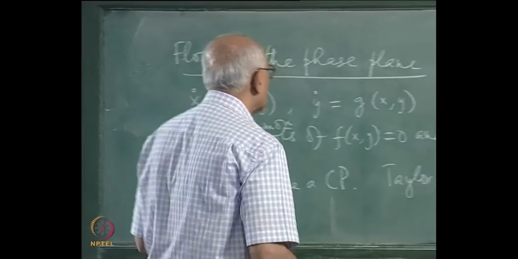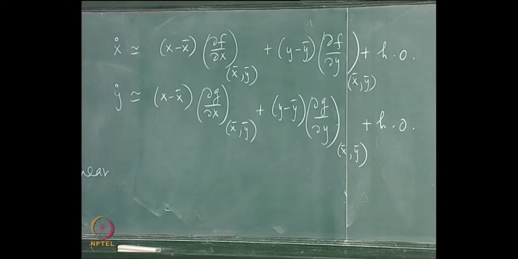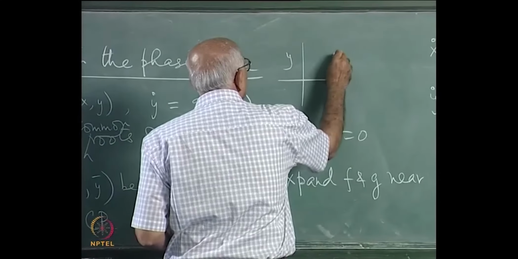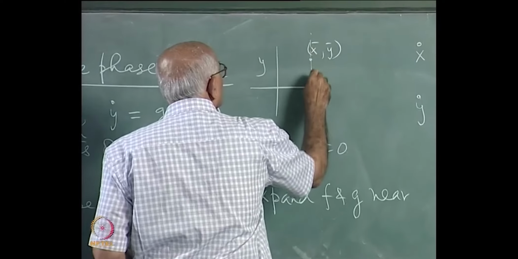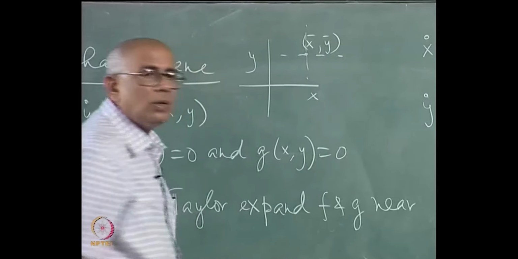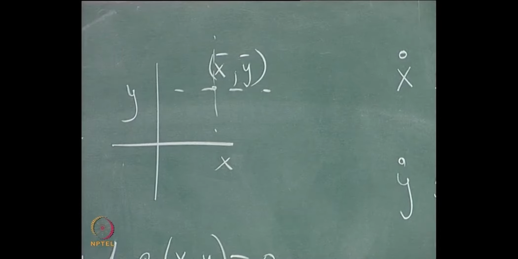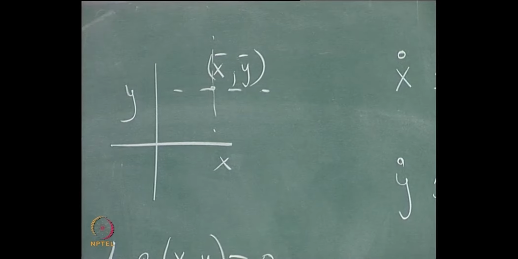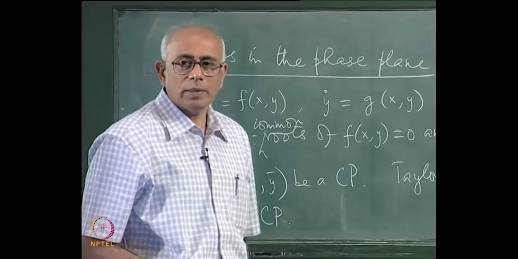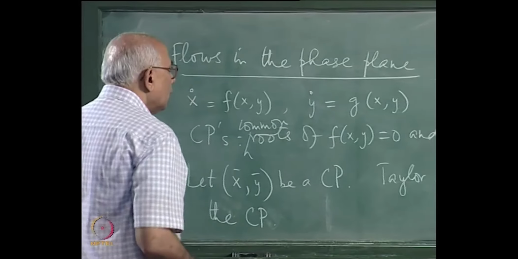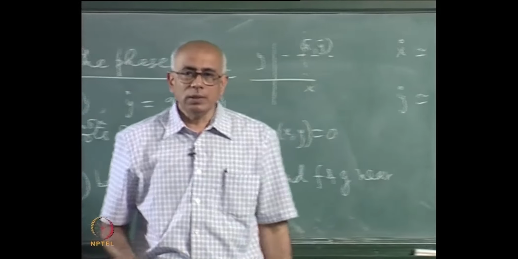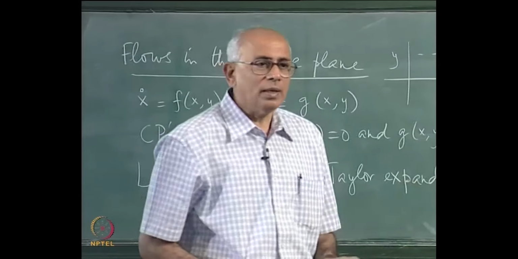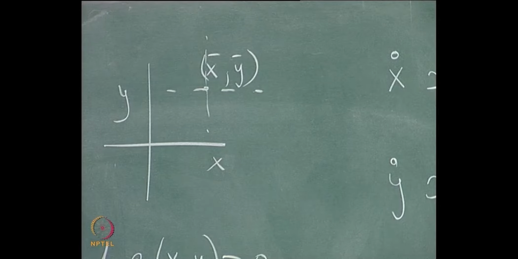It would just correspond to taking the original phase plane, the xy plane, and if this is x bar y bar, I could just shift origins to that point and work in new coordinates, say u and v, such that u is x minus x bar and v is y minus y bar. Instead of cluttering up the place with notation of that kind, let me just call x minus x bar x once again and y minus y bar y once again.